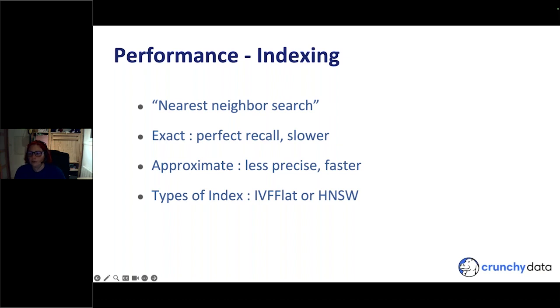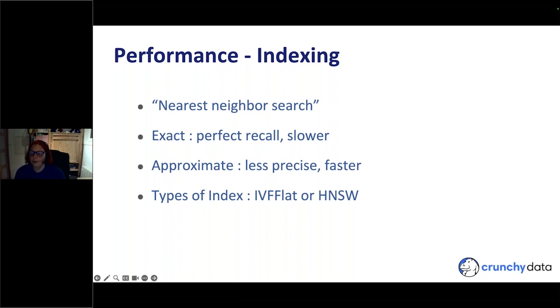By default, pgVector performs exact nearest neighbor search, so that's what we've been doing so far. It provides perfect recall, but isn't necessarily very fast. If you add an index, then pgVector will use an approximate nearest neighbor search, which trades some recall for speed. So unlike typical indexes, you can actually see different results for queries that use an index compared to queries that don't use an index.